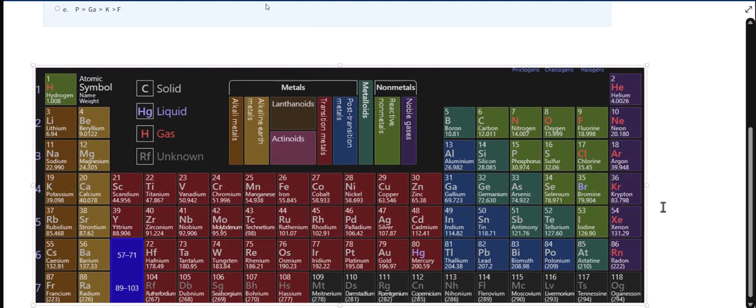So the most electronegative is going to be fluorine.